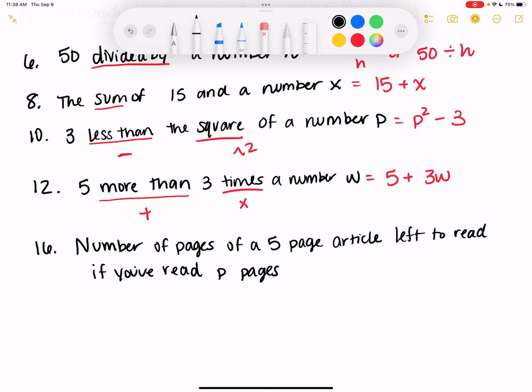But in this case, they want to know how many pages are left over if you've read p pages of a 5-page paper. Okay? Or 5-page article. So what operation do you think we need to use here? Minus. And so then what would our setup be? 5 minus p. Yep. 5 minus p.